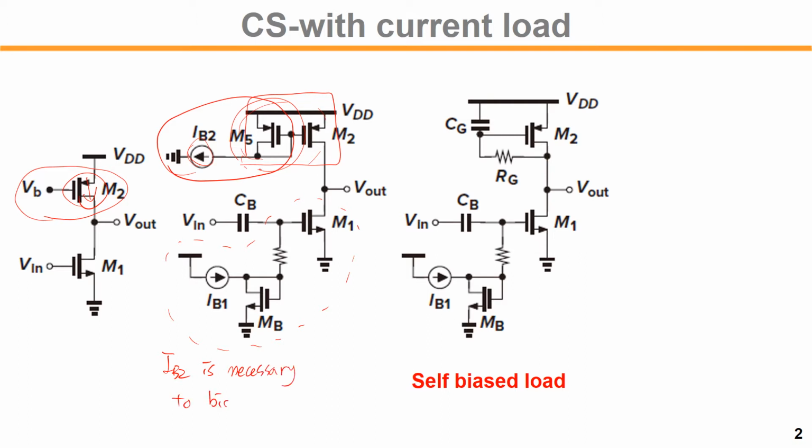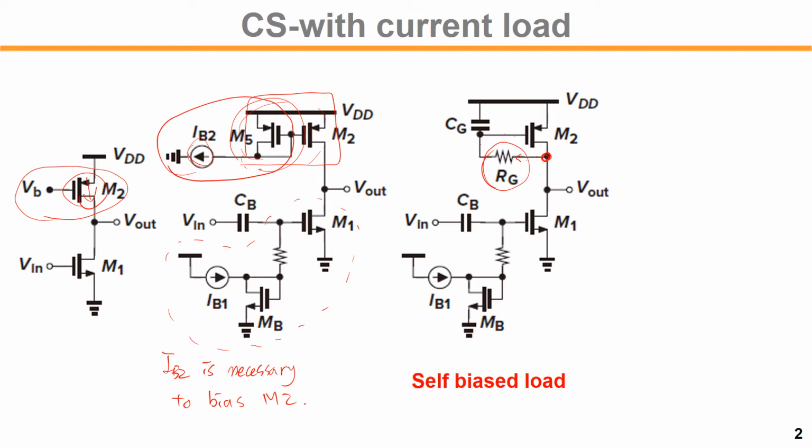to bias M2, right? To remove such a current consumption, we can use the self-biased load shown on the right. In this case, we have a large RG so that the bias voltage, the gate voltage, is determined by the diode-connected structure.